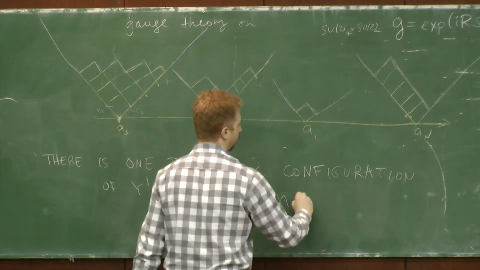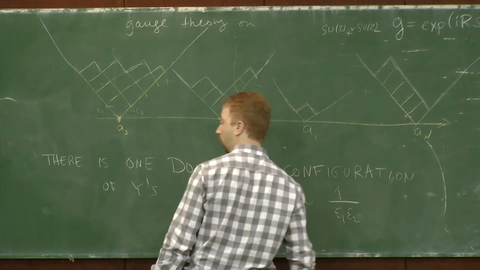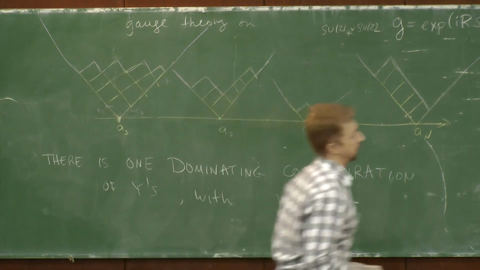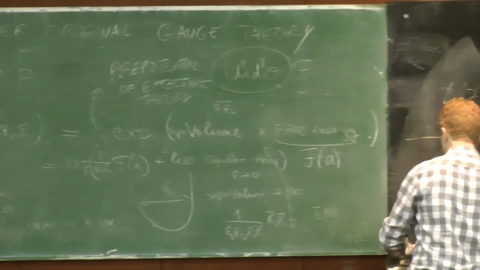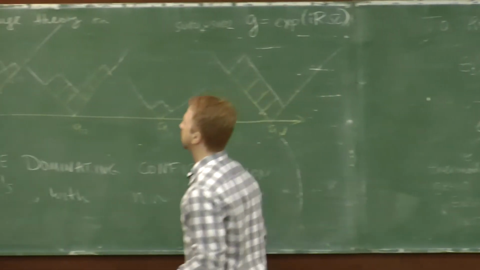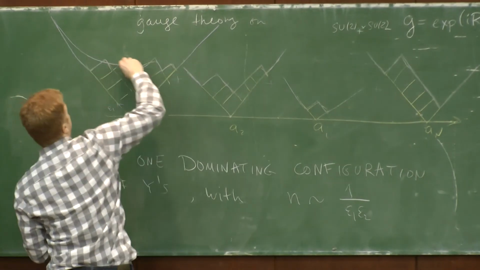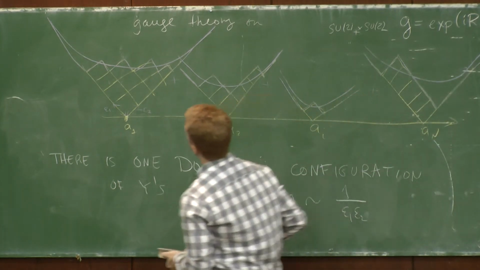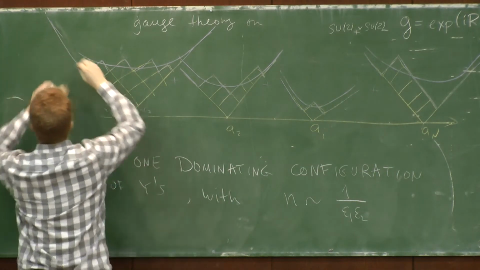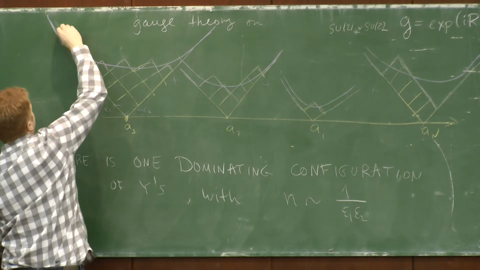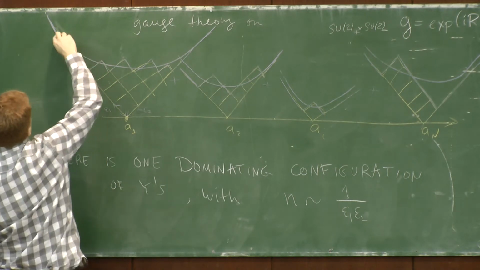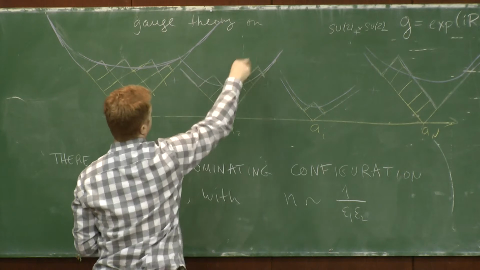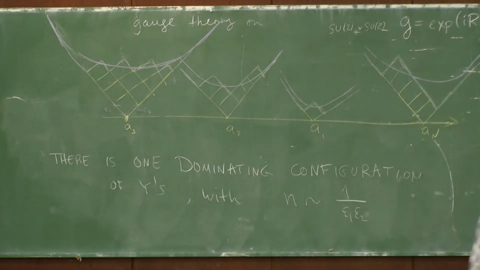So the instanton number would be of the order 1 over epsilon 1 over epsilon 2, for which these violet curves will actually be continuous. So it's a curve which starts as a linear function, but then smoothly, but not infinitely smoothly, will start changing, and then it will go back to being linear again. And then for the second, and for the third, and so on and so forth.